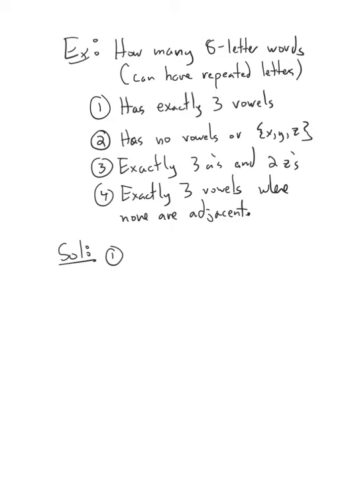So, if we think about it, the first thing we have to do is decide where in the word our vowels are. So step 1 is choose where the vowels are. Then once we do that, we choose the appropriate letters or individual letters.